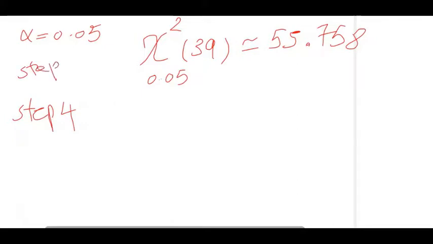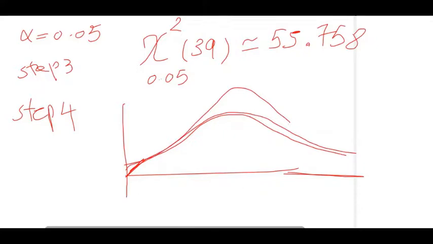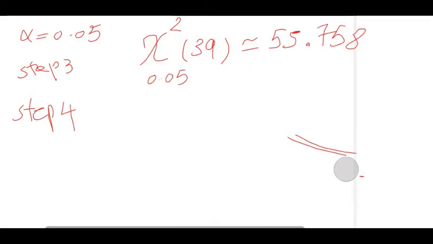So step 4, this one was step 3. Rejection region: we have a right tail test. Chi-square is a positive distribution. It's better I remove it and plot it again.